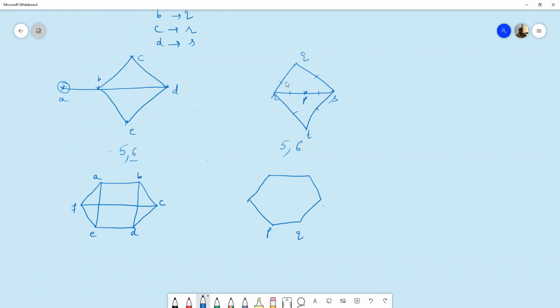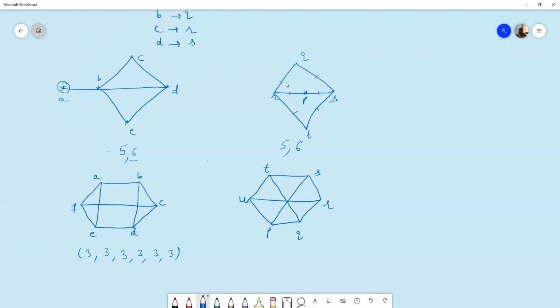This is P, Q, R, S, T, U. So we can see here, these two graphs have same number of vertices, same number of edges, and same degree sequence, because every vertex here has 3 edges incident with it. So the degree sequence of both the graphs is 3, 3, 3, 3, 3, 3.